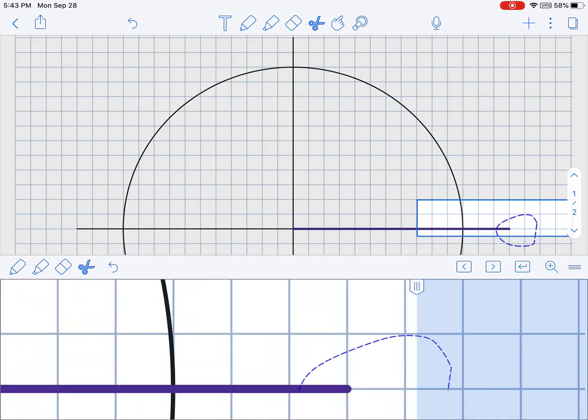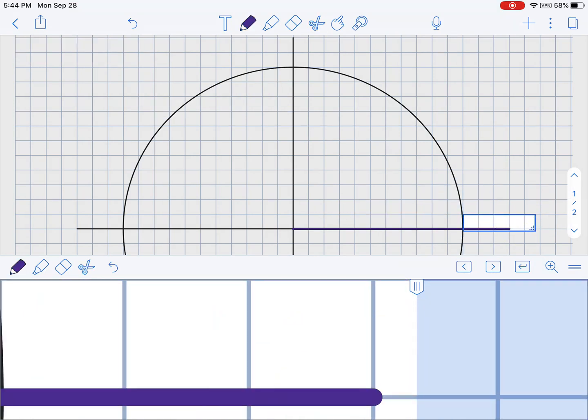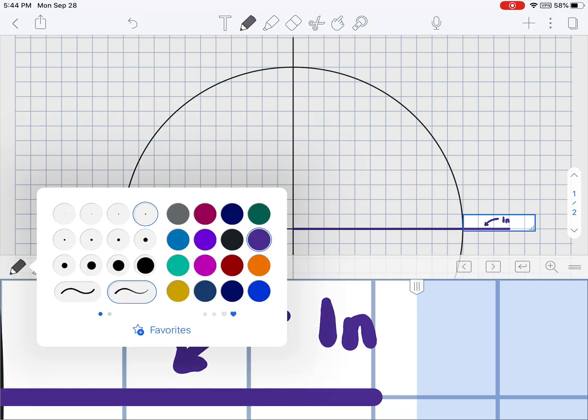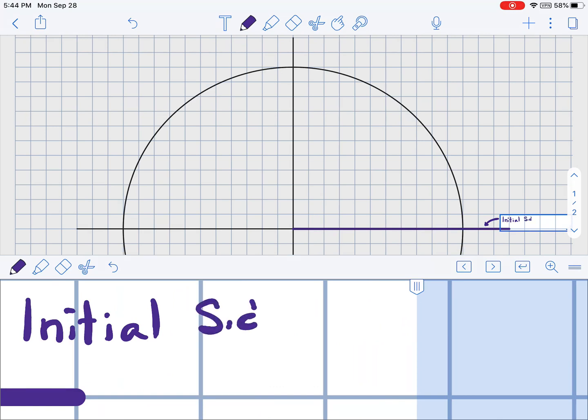So this is our positive x-axis. This is always where we're going to start drawing our angles, no matter what. So this is our initial side. This is our positive x-axis.